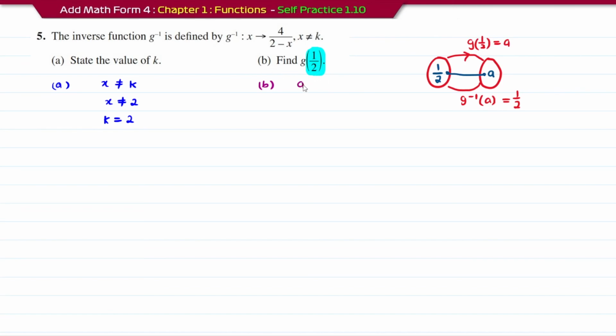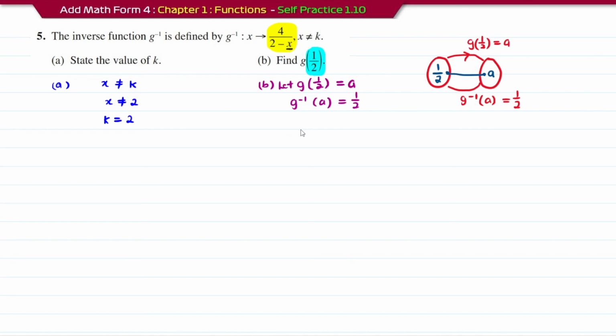So first, let the g of 1 over 2 equal to a. Therefore, the inverse g of a will be equal to 1 over 2. So we already have the inverse of g here. If you have the object a here, then we're going to change the x that we have here to a as well.